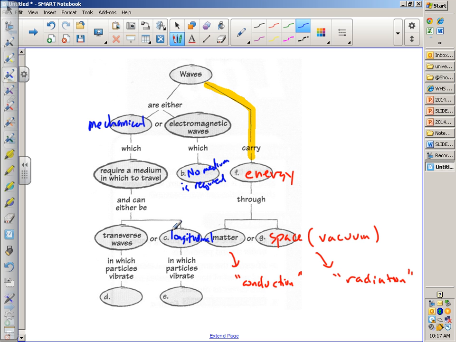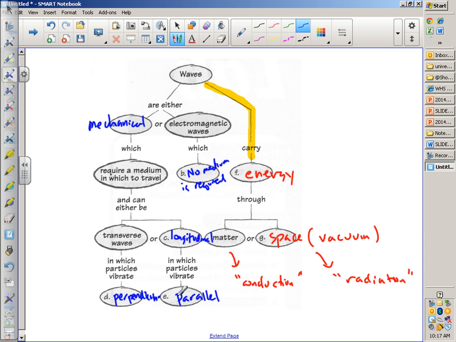They are both mechanical waves, meaning that transverse waves and longitudinal waves both require what? Matter to travel through, a medium to travel through. But they are different. How? In a transverse wave, particles vibrate perpendicular, while in longitudinal waves, particles vibrate parallel. Perpendicular, and then letter E is parallel.